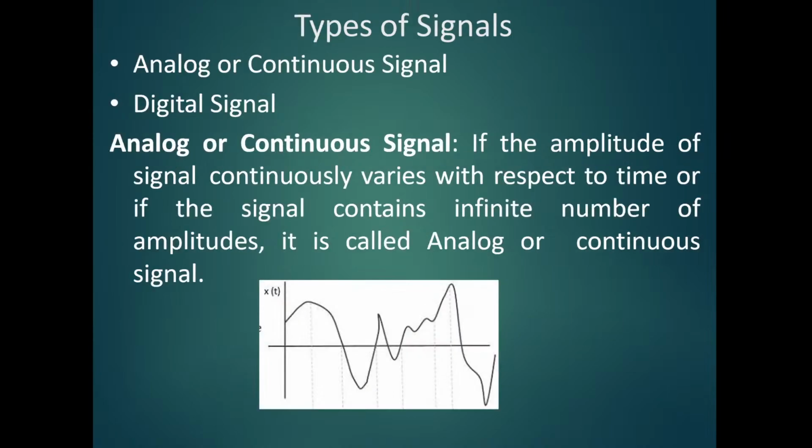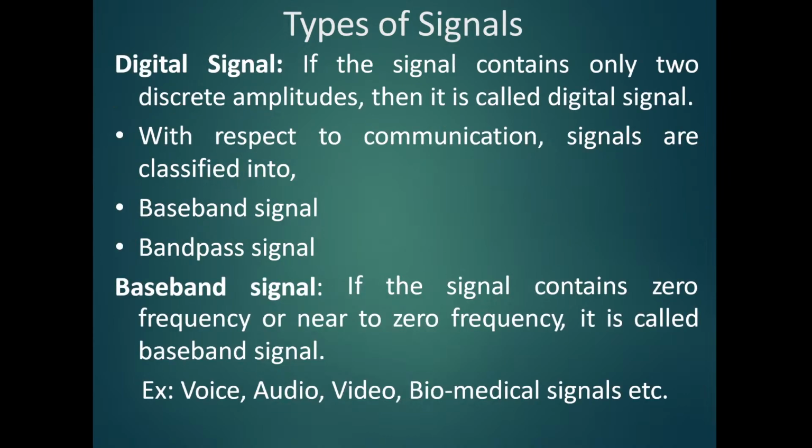Now let's look at the types of signals. Analog signal, which is also called a continuous signal, varies with respect to time. Then we have the digital signal. It is the signal which contains only two discrete amplitudes, say for example 0 or 1, right? It is called a digital signal.